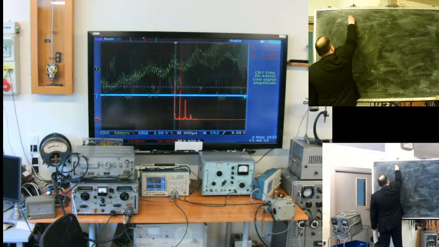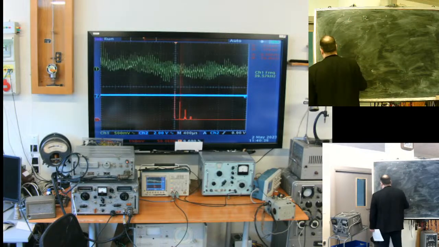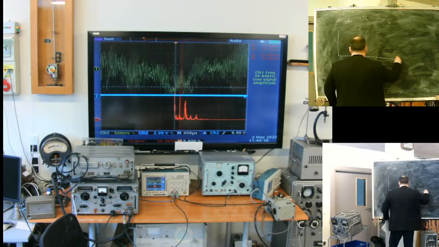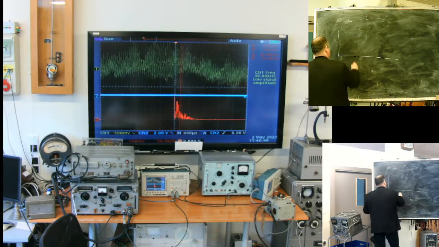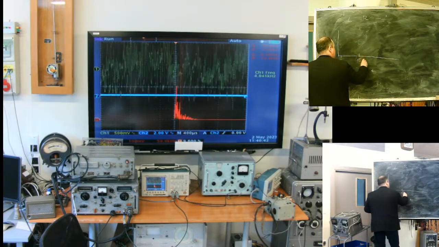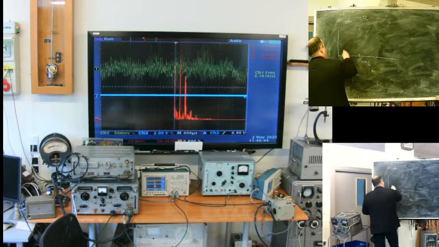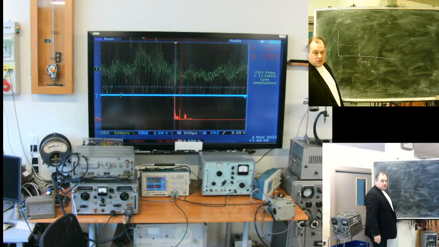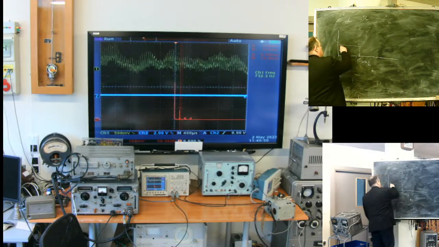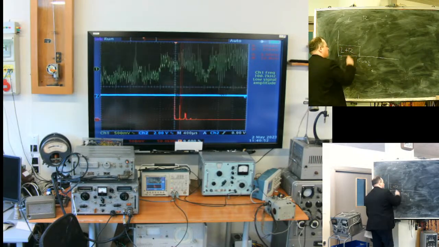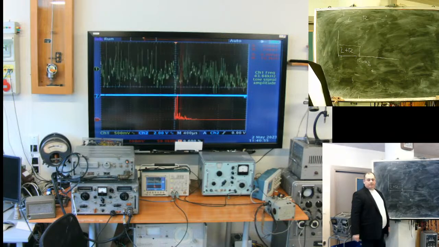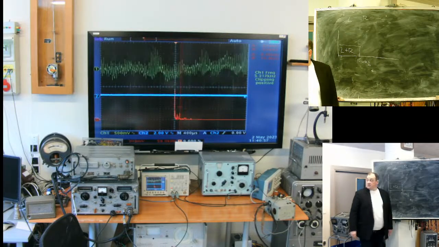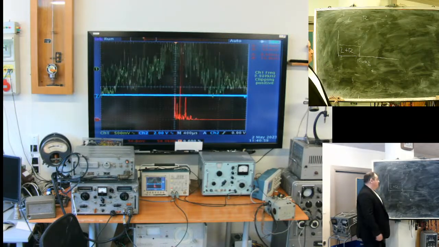I have a left channel and a right channel, till 15 kilohertz. I have a frequency area for traditional monophonic, the left plus right signal. Nice, but it's not enough.